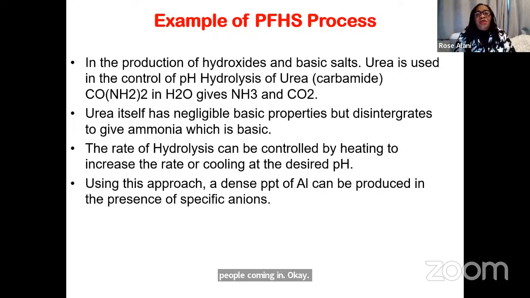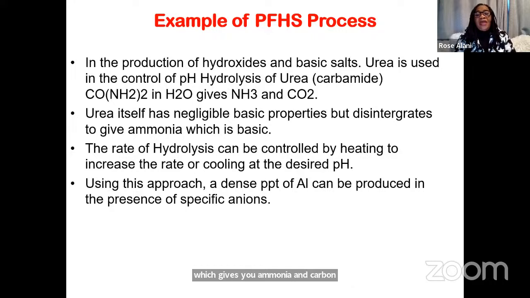An example here is in the production of hydroxides and basic salts. For instance, urea is used in the control of pH by hydrolysis of urea. So here you have the hydrolysis of urea, which gives you ammonia and carbon dioxide.